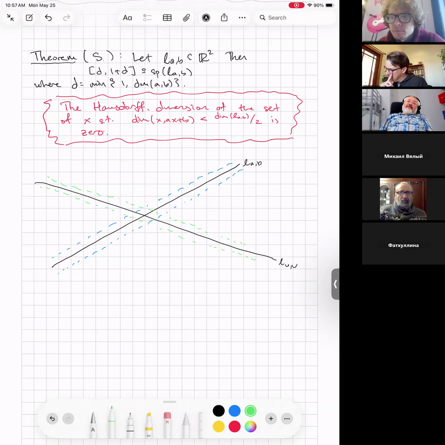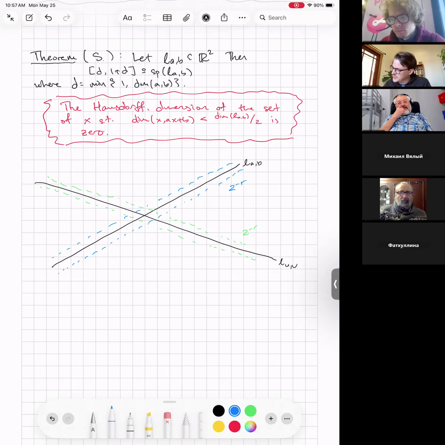So the main question is, these are 2 to the negative r approximations of lines, and if I give 2 approximations of lines, to what precision can I determine their intersection?